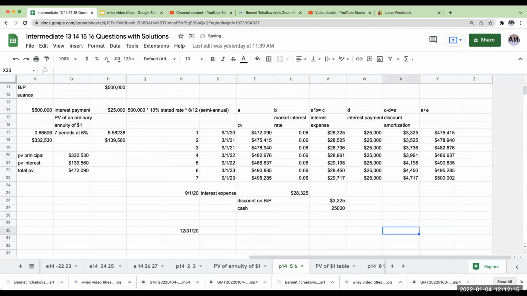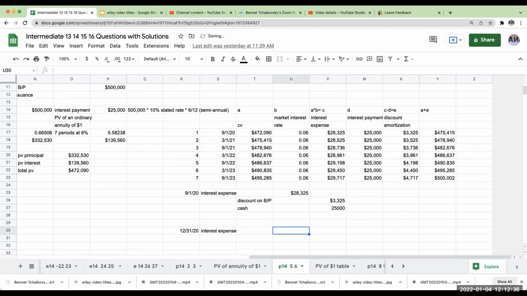My problem is that it has a 12/31 year end. So what do I need to do? Right over here, I'm going to debit interest expense.